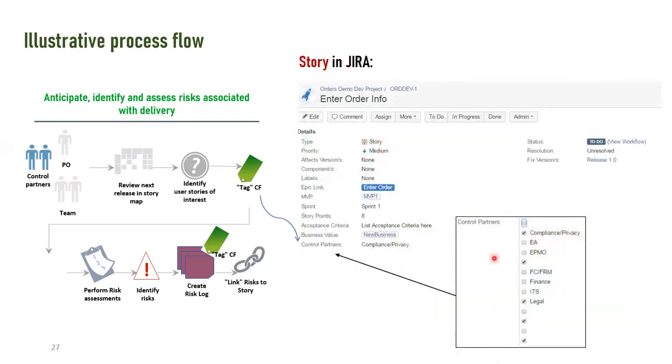Right. So let's see how that looked basically. So here's a story around entering order info in an app, right? Be it mobile or online or web, doesn't matter. And we would tag basically the control partners, in this case, compliance and privacy, and I've removed acronyms that could have identified the institution here.